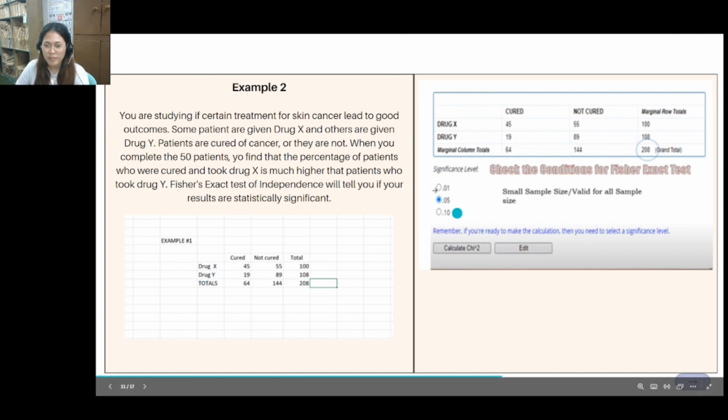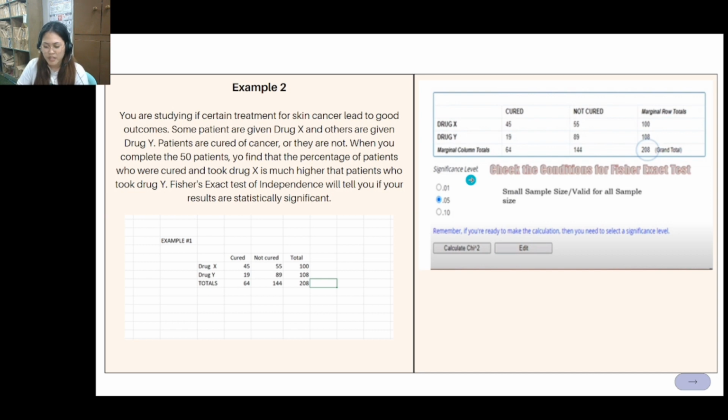So, the second step would be the significance level. In the word problem here, the significance level is silent. So, in general rule, it has 0.05. Also we need to check the conditions of Fisher's exact test.